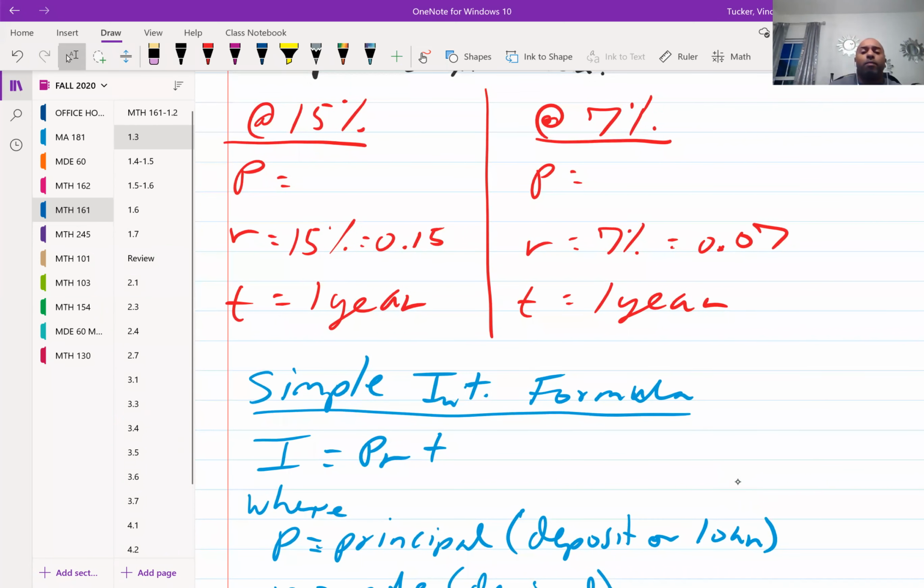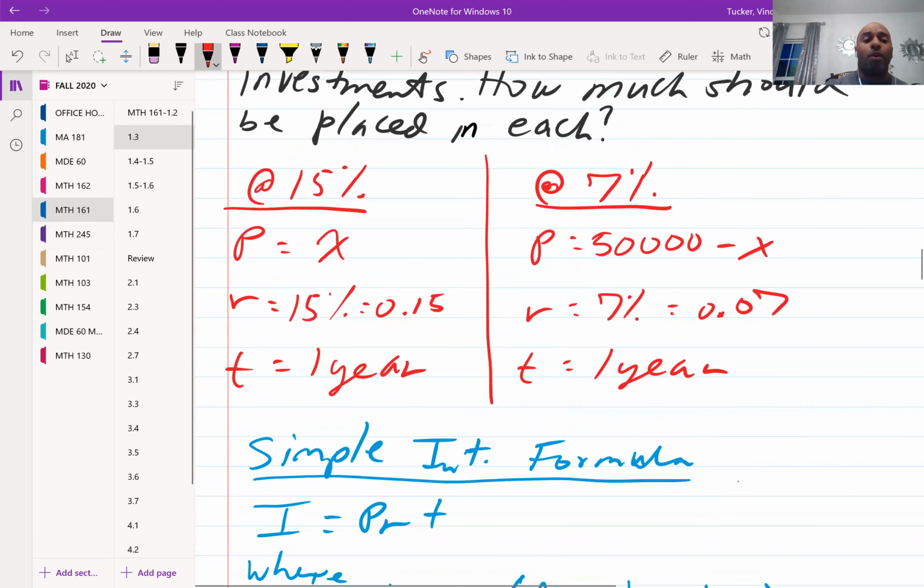So now when we go to P, we want to know how much we are going to deposit in each account. Now what we recognize here is that she has $50,000 total, but we don't have any idea of how much of the $50,000 is getting put into each account. They don't tell us half is going here, half is going there. It doesn't say 3/4 of this or anything like that. So whenever they give you this type of situation, they just give you a total, what you would do is call one X, and then the other would be the total minus X. It doesn't matter which one you call X and which one you call 50,000 minus X. It will all work out at the end and you'll still get the same values if you do everything correctly.